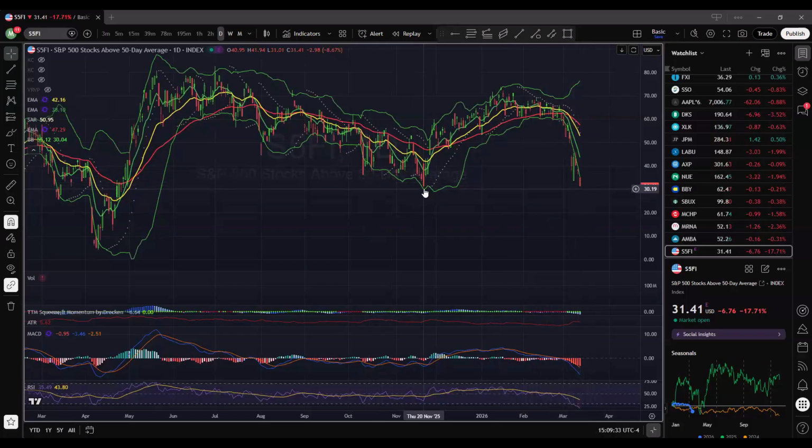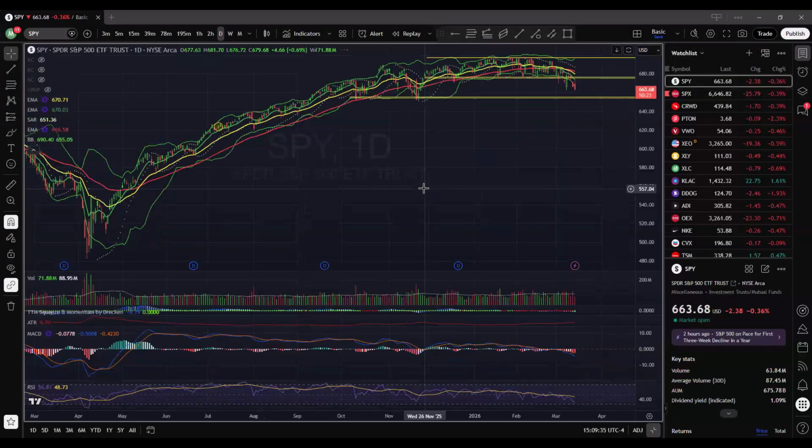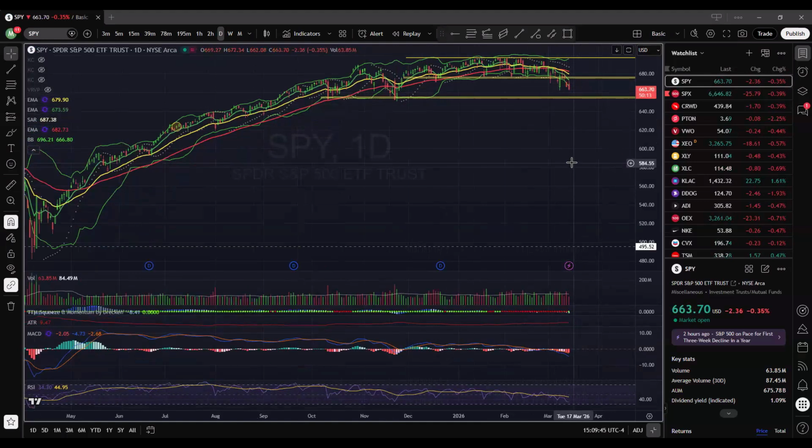And if you look at the chart of SPY where we were in November, this was a tradable bottom. Now, I'm not saying that we're putting in the bottom today, but I think we're closer to the bottom today than we were yesterday, if that makes sense.